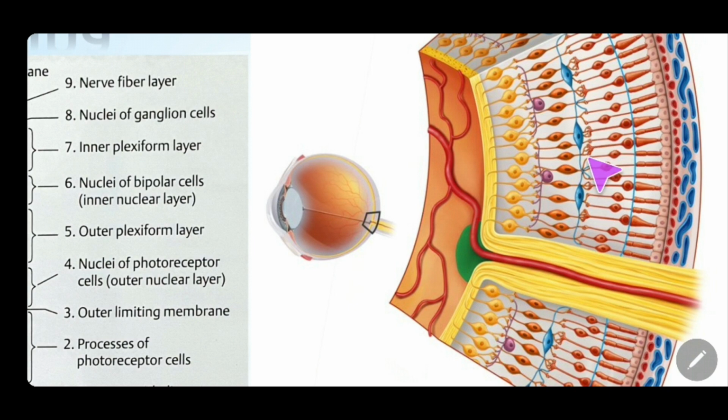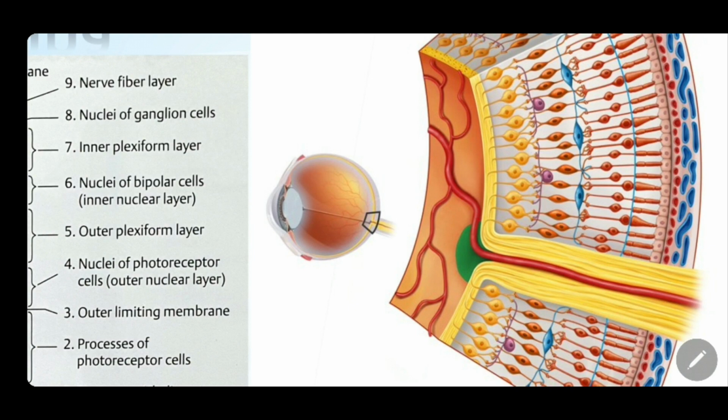And there are other cells. Can you see the blue color cells here? They are the horizontal cells. So this layer of the axons of the rods and cones forms the outer plexiform layer. This is the outer plexiform layer, right?